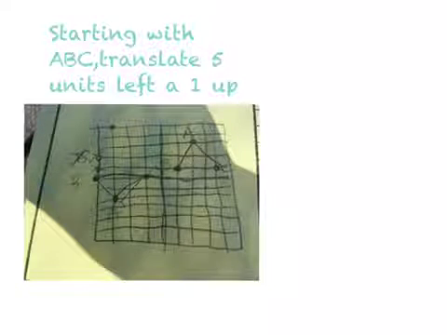If you move B 5 units to the left and 1 up, you get my solution. If you move A to the left 5 times and 1 up, you also get my solution. And C, same with C, you move it 5 left and 1 up, and you'll get another solution. That's mine, and that's basically how you translate.